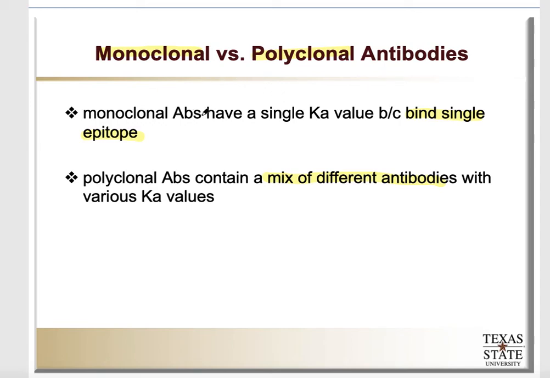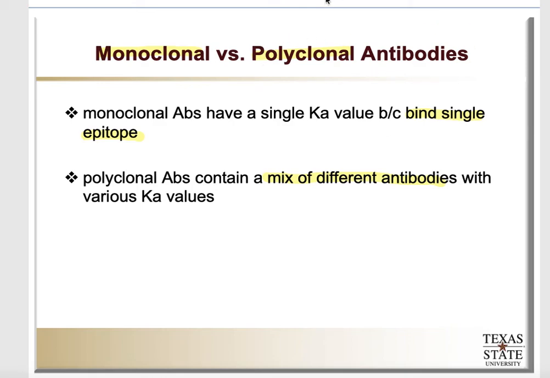I could buy, well, maybe, I don't know if they sell it yet, but in the future, I'm sure that we could buy a monoclonal antibody that would be able to bind just a single epitope, a single section of that virus. Or we could buy a mixture of antibodies that have been obtained from a mouse, for example, that all have the ability to bind to that virus, but on different parts of that virus.